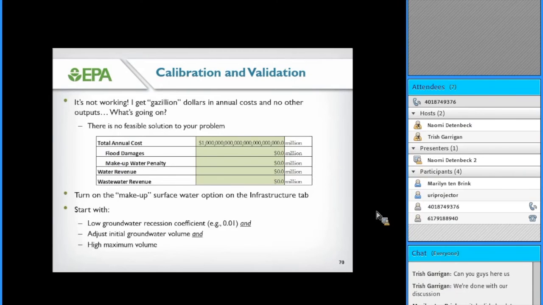You would see that by a gazillion dollars, which is the closest I can get. That basically indicates there's no feasible solution.